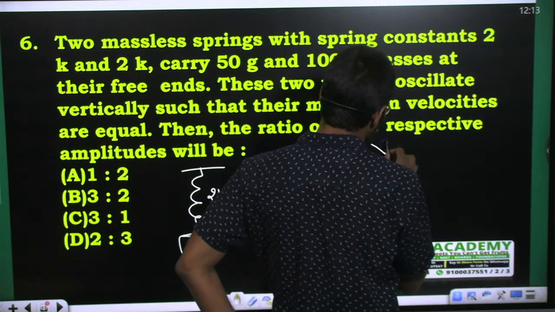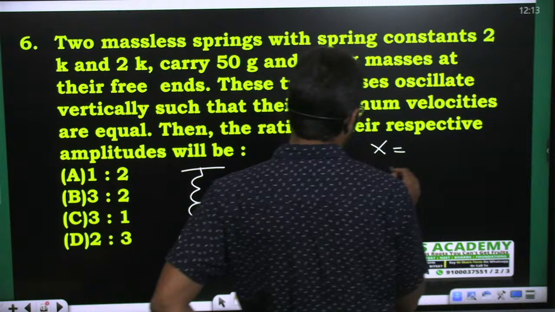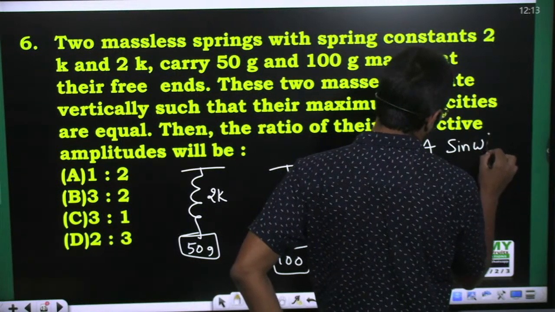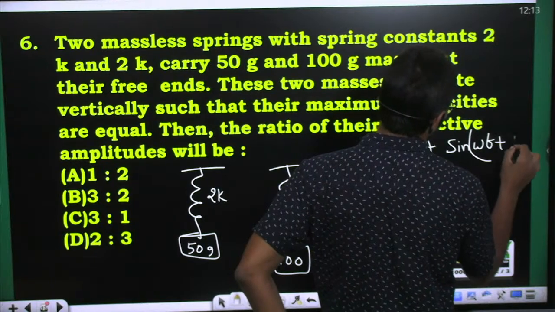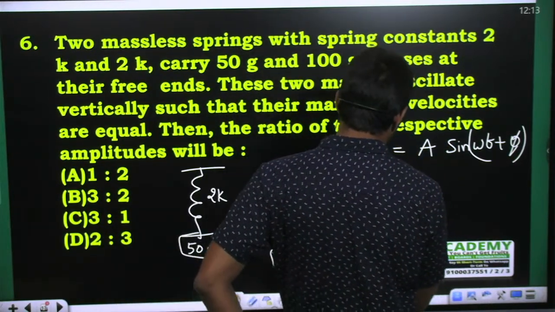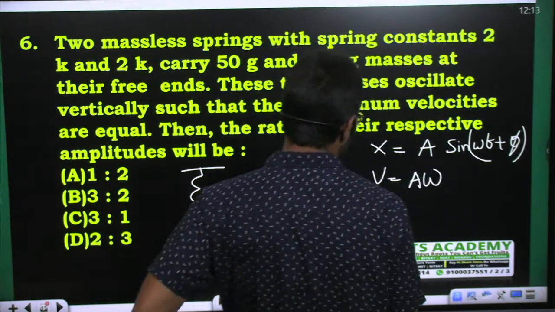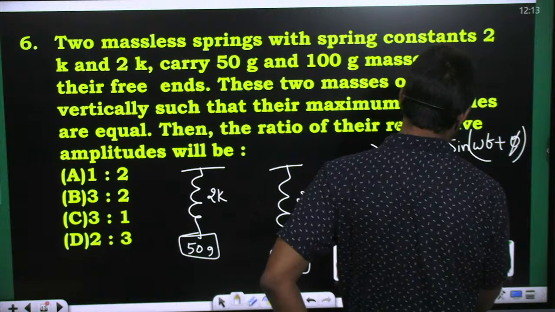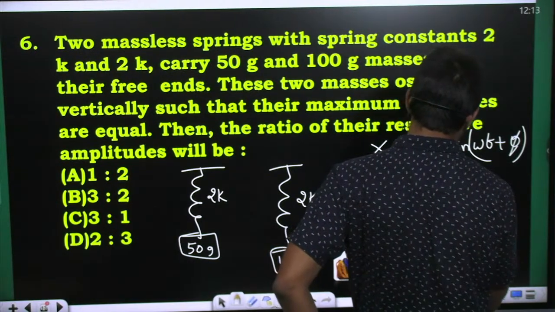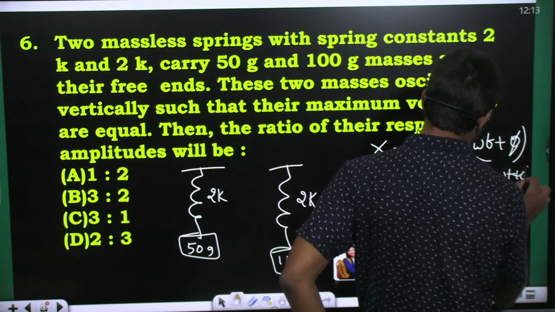We know that displacement is equal to amplitude sine omega t plus or minus phi, if there is some sort of phase. So what is velocity? A omega cos of omega t plus phi.